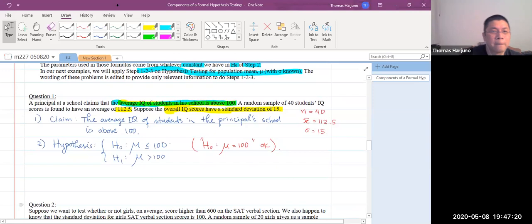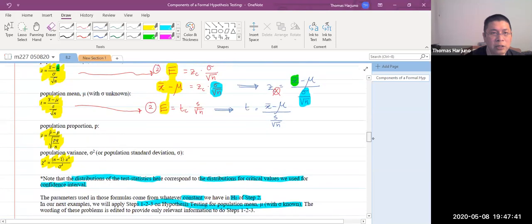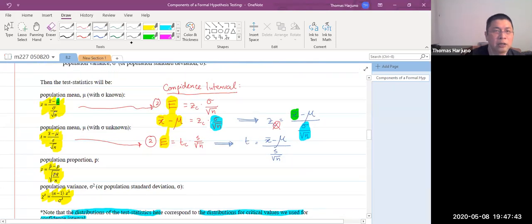Okay, then let's go on. Step 3. And how about the test statistic? We are testing mu, and the distribution we use for testing mu is either standard normal or t distribution.